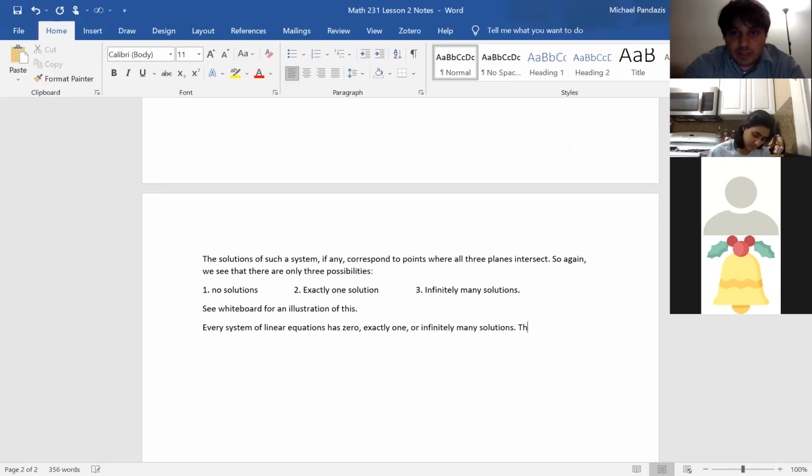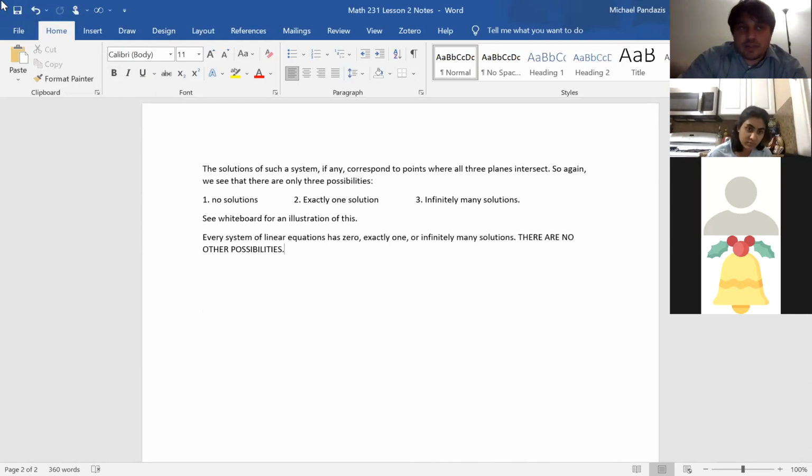There are no other possibilities. Okay, so as you can see from those pictures, that was for one particular case of a linear system. This is in general for any linear system. It is exactly 0, exactly 1, or infinitely many solutions.